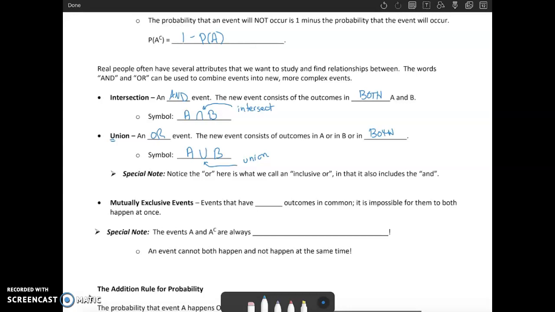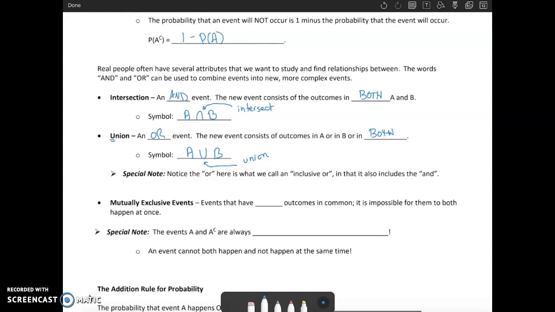For instance, if I'm offering my son 2 pieces of candy and I say you may have the sucker or the M&Ms, I do not mean that he can have both. That's not what or usually means in the real world. However, in math, if I say A or B, I also mean both. That's why it's called the inclusive OR. That's just something to be aware of.